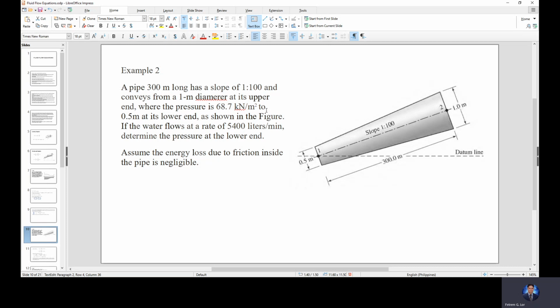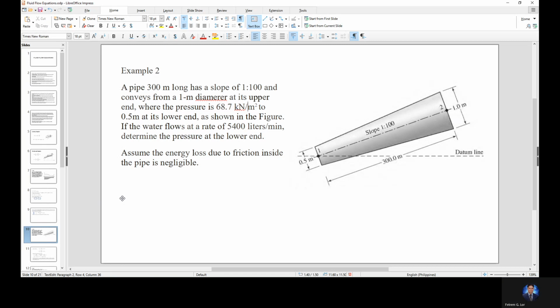The pipe has a 1 meter diameter at its upper end where the pressure is 68.7 kilopascal.